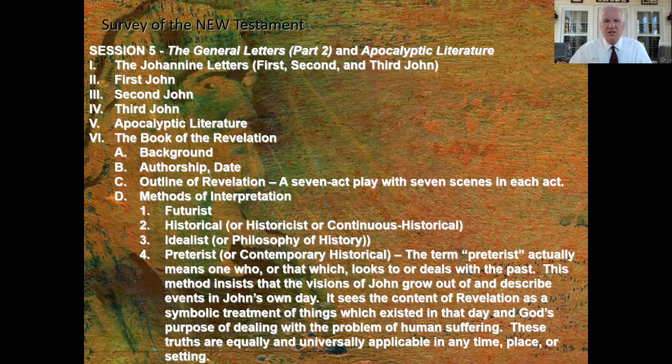It sees the content of Revelation as a symbolic treatment of things which existed in that day and God's purpose of dealing with the problem of human suffering, but it was all resolved in the first century. So these truths are equally and universally applicable in any time, place, or setting, but were primarily addressed to the situations in the first century.